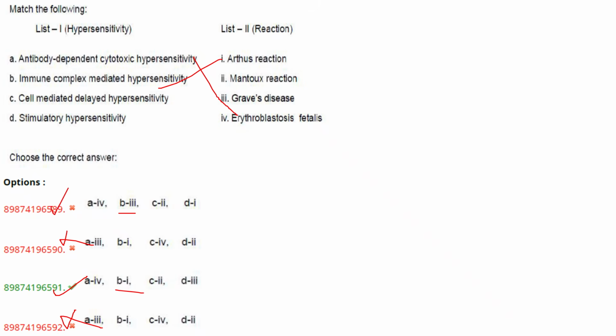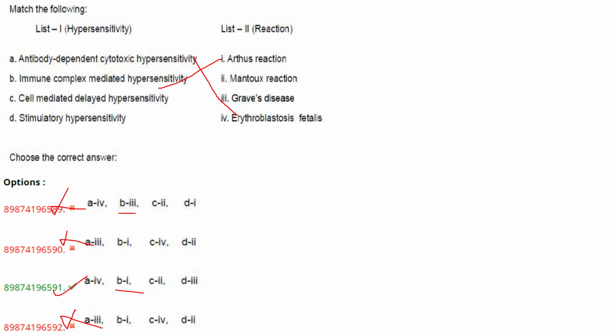You can eliminate 1. Then cell mediated hypersensitivity, that is by the activated T cells, not antibodies. So T cells are involved here, and it will take around 48 to 72 hours to show the reaction or show the symptoms.